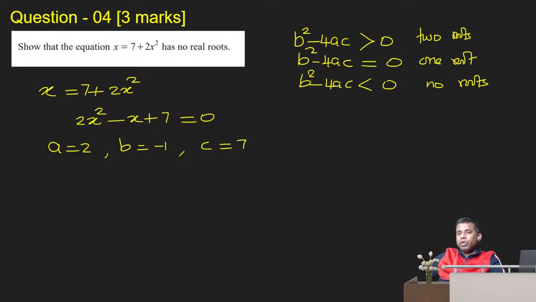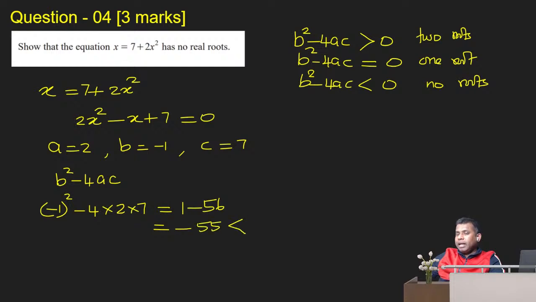So for the discriminant, you need to do b squared minus 4ac, which is minus 1 whole thing squared minus 4 times 2 times 7, which is equal to 1 minus 56, which is minus 55, less than 0. Therefore, the equation x equals 7 plus 2x squared has no real roots, right? If you do FM, further maths, there's a topic called imaginary numbers.